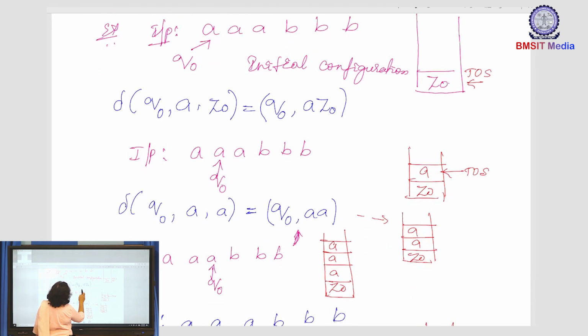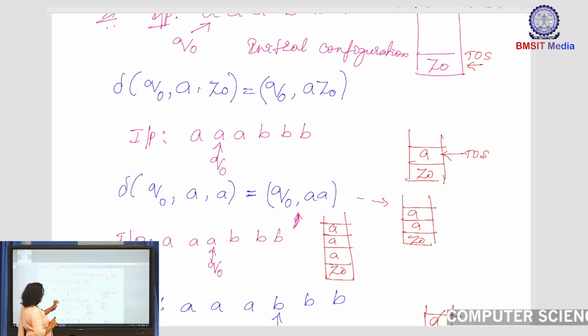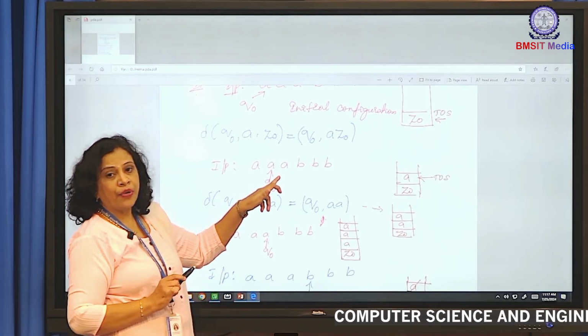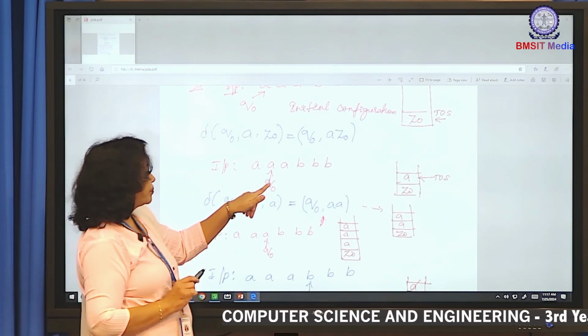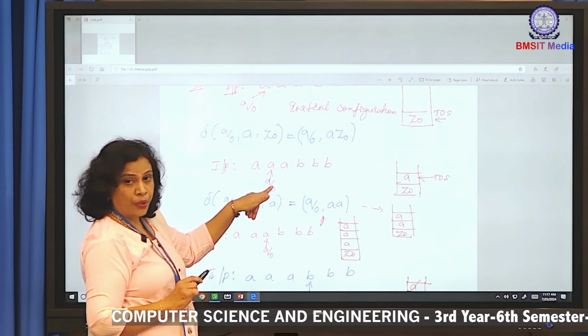Now after reading this, the input A is already read. So the first input is read. Q0 has come here. A is pushed onto the stack. Now this is the current configuration. For this I will have to write the transition. I am in state Q0.